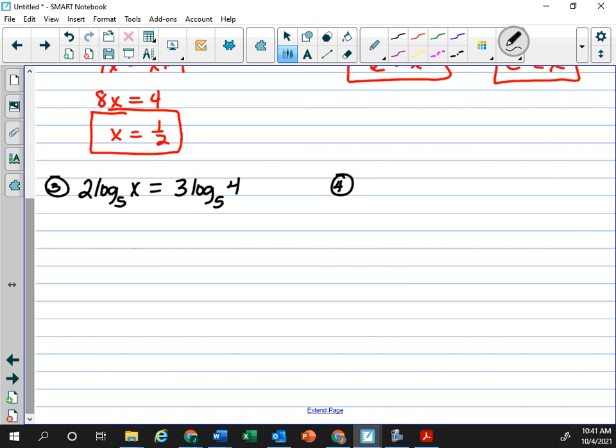And what else do I want to do? 3 to the 1 minus 2x equals 4 to the x. All right, let's try those two. Again, totally different.